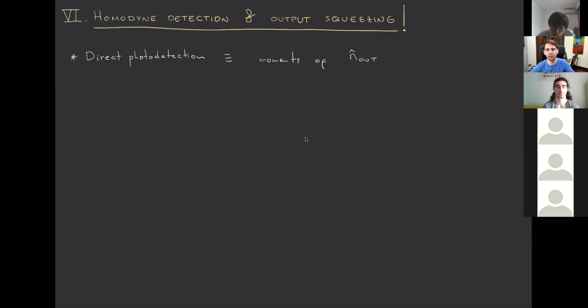Then, loosely speaking, with one photodetector measuring one specific field, you have access to the photon number operator.